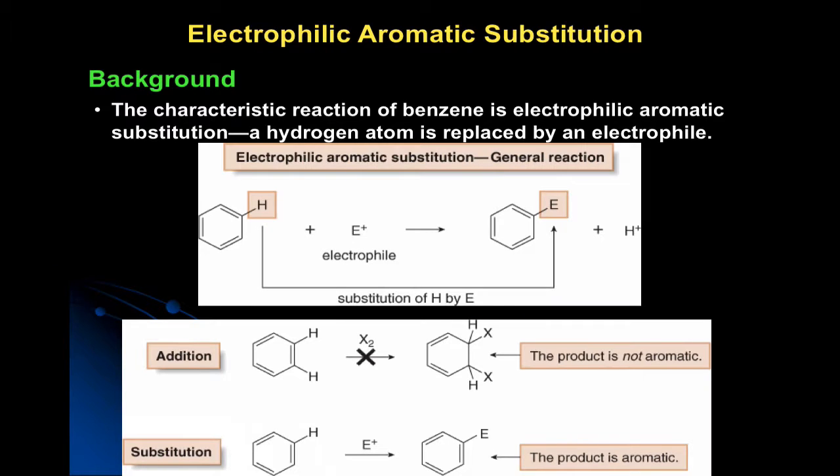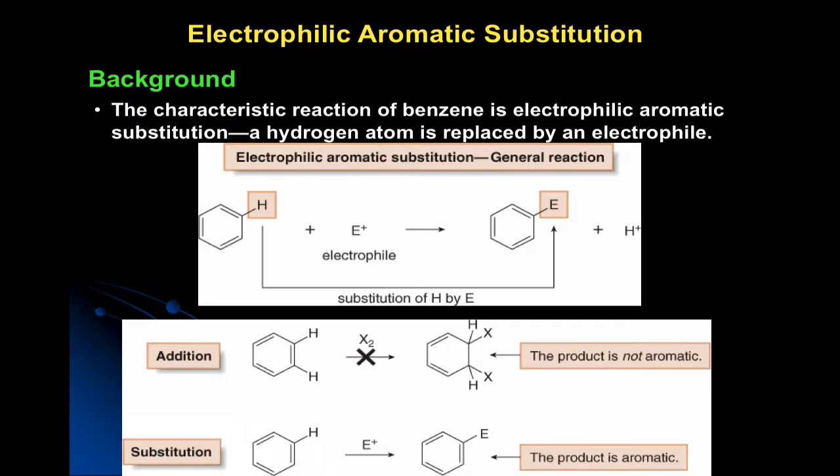All right, so we talked last time that we can take a benzene ring and do this so-called electrophilic aromatic substitution reaction, where we're going to replace the hydrogen with some sort of electrophile, right? And this works because we have aromatic systems in both the starting materials and the products.